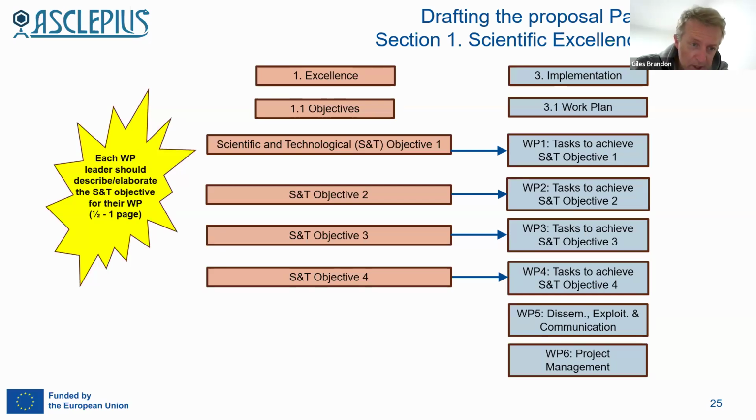And then also in this objective, please explain how, in the context of our project, this new project we're trying to get here, we're at least at the state of the art, or better still, we're trying to go beyond the state of the art. So if you can get each of your work package leaders to do that, you'll have a very, very nice looking section 1.1.